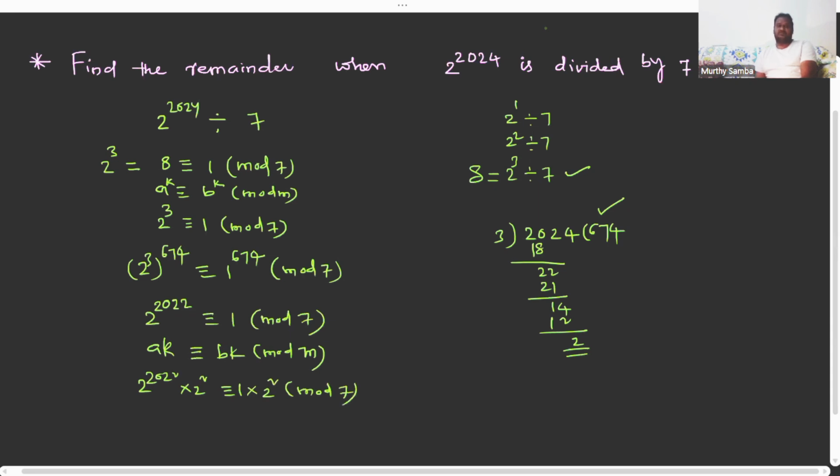So 2 power 2022 multiplied by 2 square is 2 power 2024, which is congruent to 1 into 2 square, equal to 4 modulo 7. Here 4 is smaller than 7. Therefore, 4 is the required remainder when 2 to the power of 2024 is divided by 7.